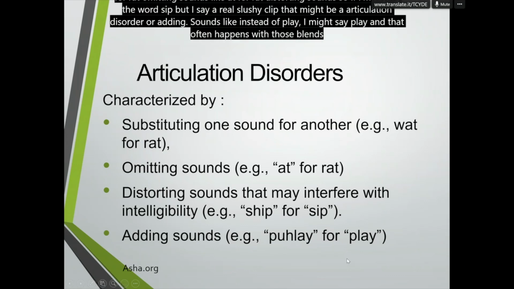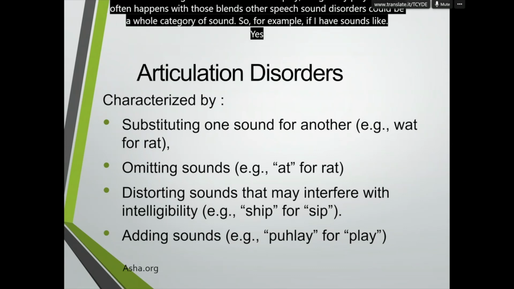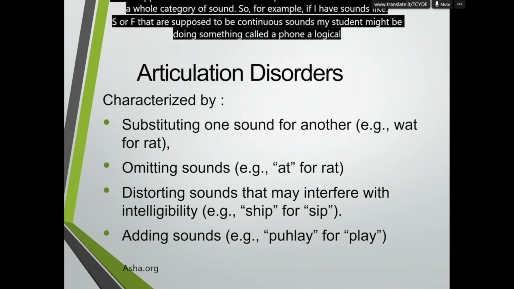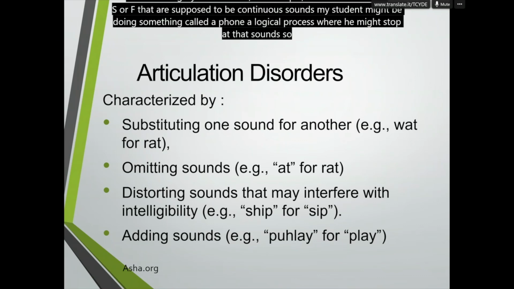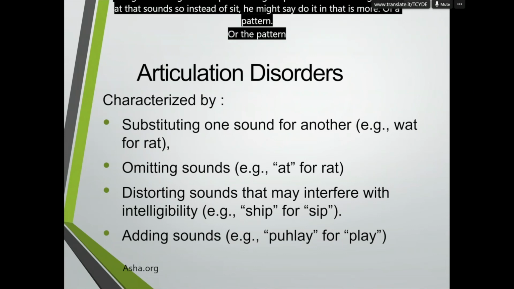Other speech sound disorders could be a whole category of sounds. So for example, if I have sounds like S or F that are supposed to be continuous sounds, my student might be doing something called a phonological process where he might stop at that sound. So instead of sit, he might say dit, and that is more of a pattern of error instead of a specific sound.